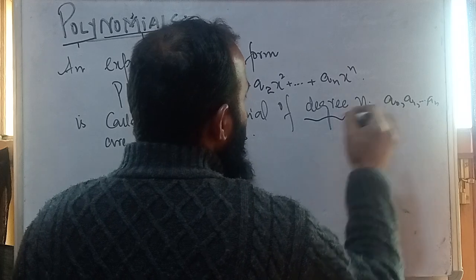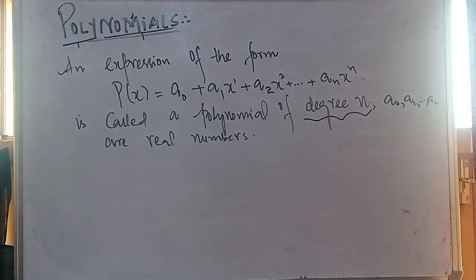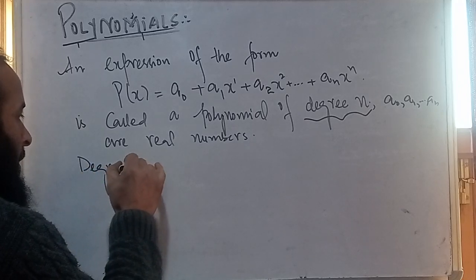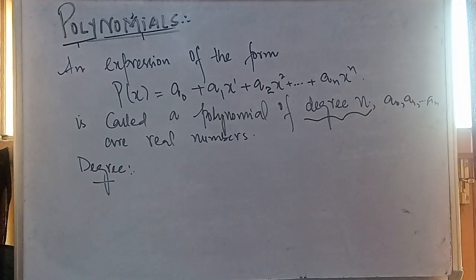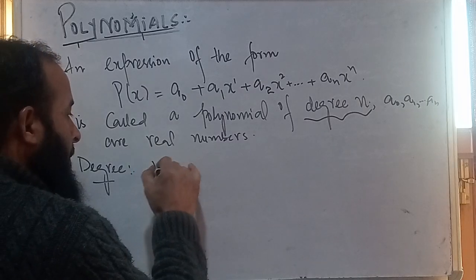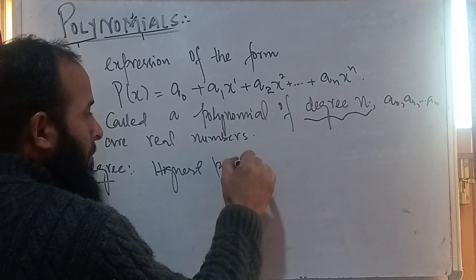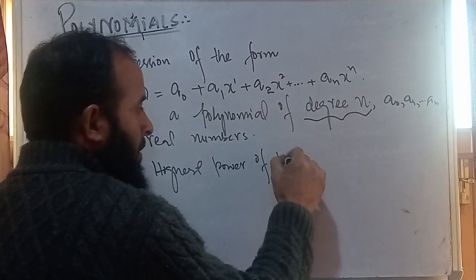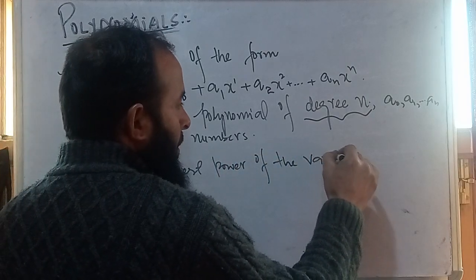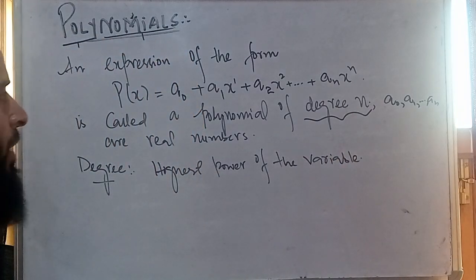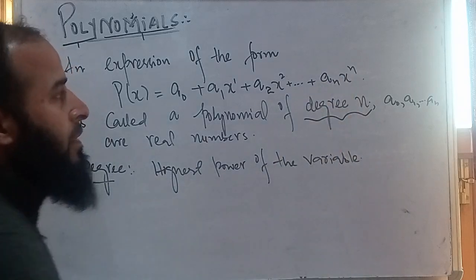Now here we have of degree n. Degree is defined as the highest power of the variable. So the highest power of the variable here is n.